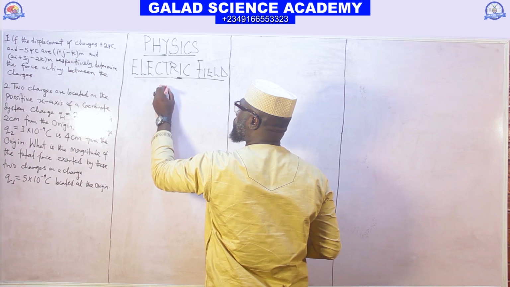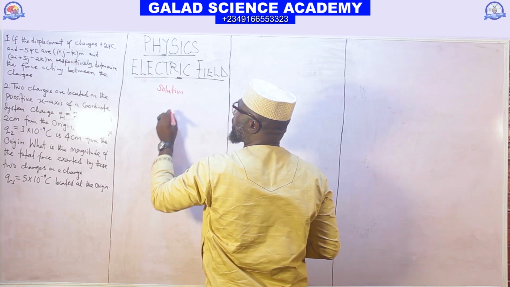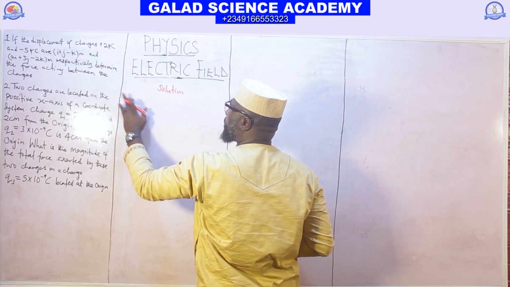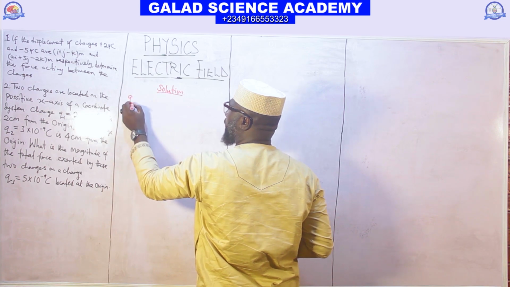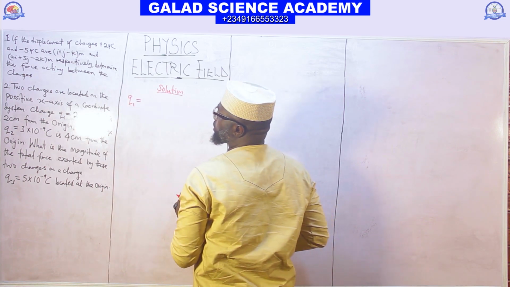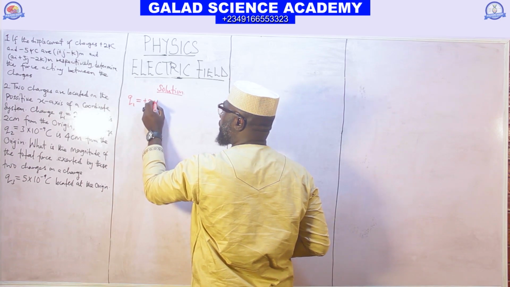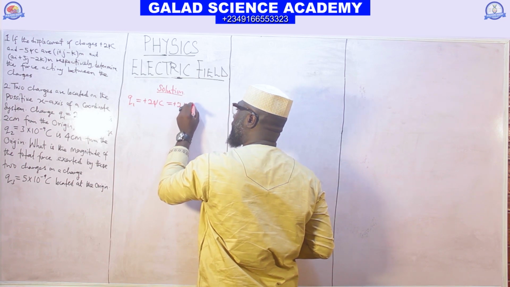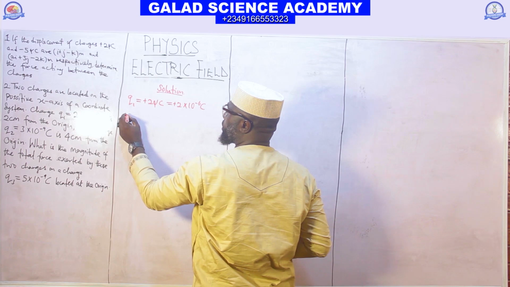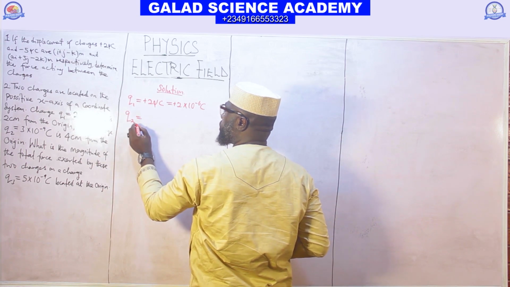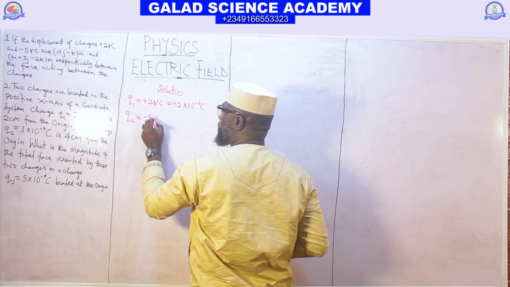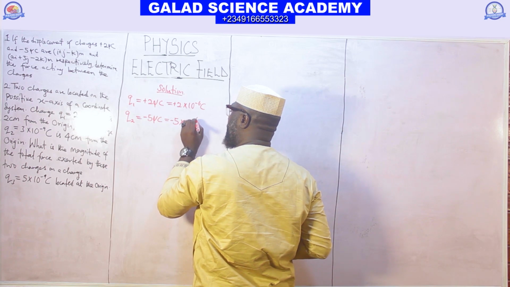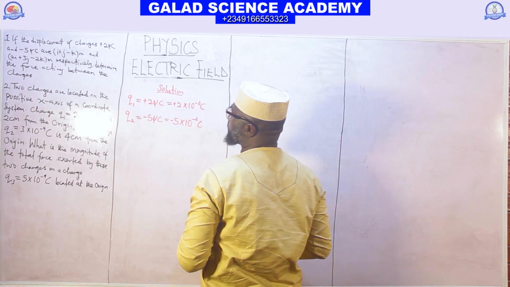The solution to question number 1. We are given charge Q1 as plus 2 microcoulomb, taken as plus 2 times 10 raised to power minus 6 coulomb. Charge Q2 is minus 5 microcoulomb, which is minus 5 times 10 raised to power minus 6 coulomb.